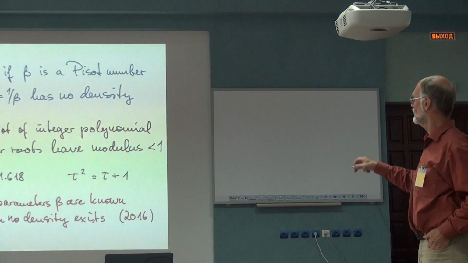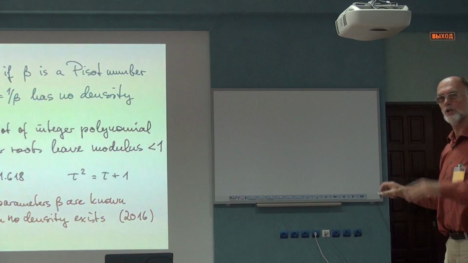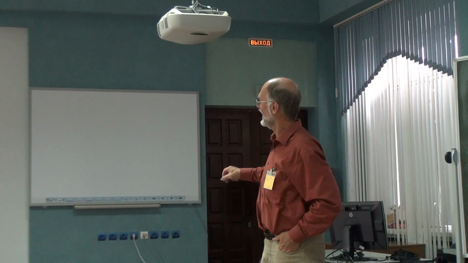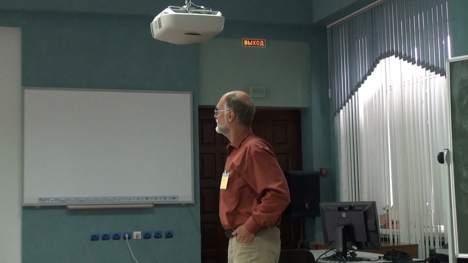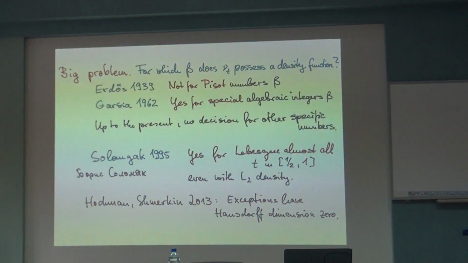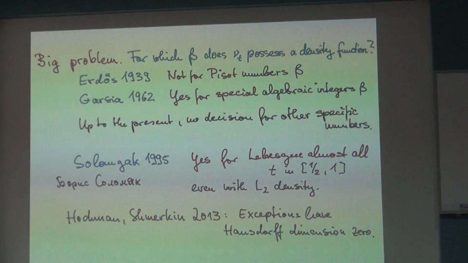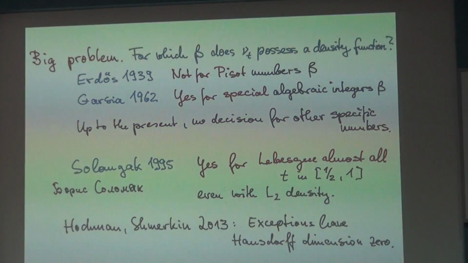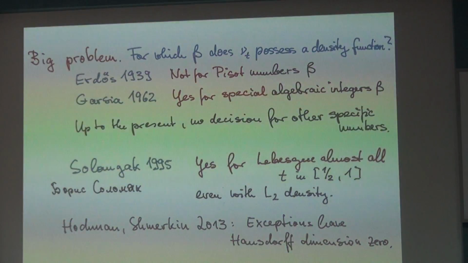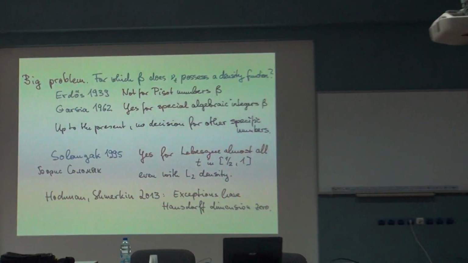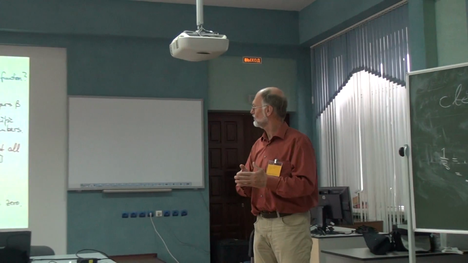This can be easily proved. But up to today, we do not know any other examples. Then there was some result by Garsia, and I don't want to define Garsia numbers now, but it's a similar family. And he proves that for those Garsia numbers, we have a density. And up to now, no other examples are known where we really have a density.